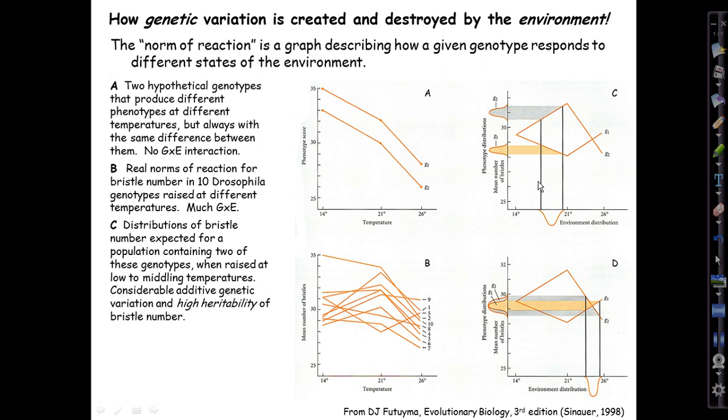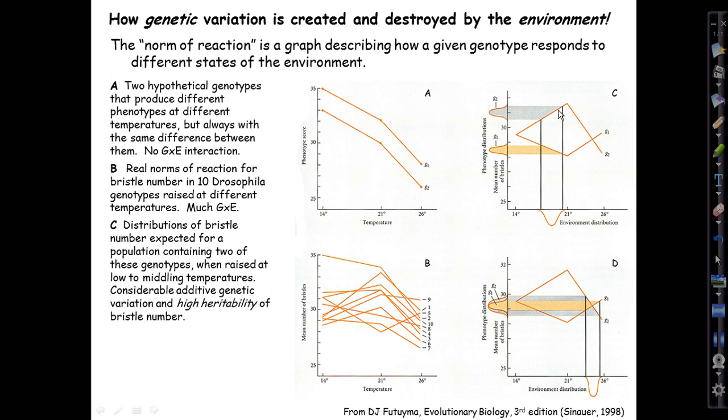Now we ask, what in the two different environments, this one with a range of temperatures centered on something like 19 or 20 degrees here in panel C, and then this environment D is the same population of genotypes, the same two, G1 and G2, but in panel D, the environment has a range of temperatures centered on around 24, 25 degrees, which is chosen diabolically to be this point where the two norms of reaction cross each other and have the same mean phenotype at the mean environmental state, that is at the mean temperature.